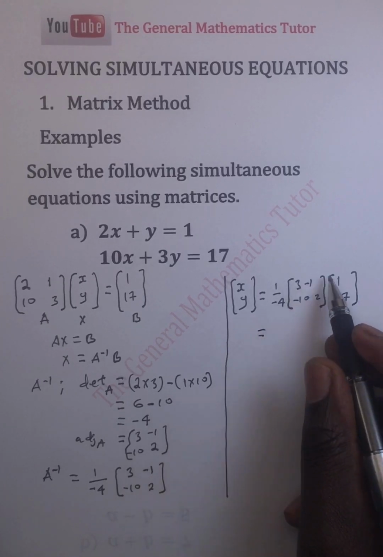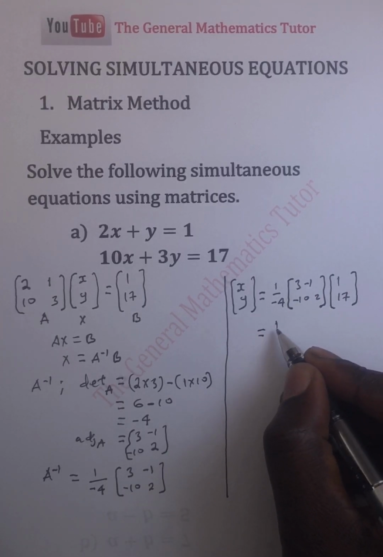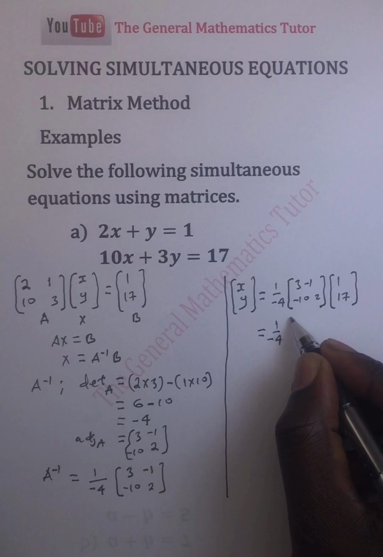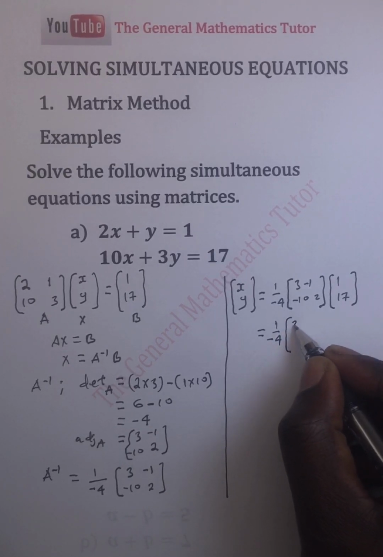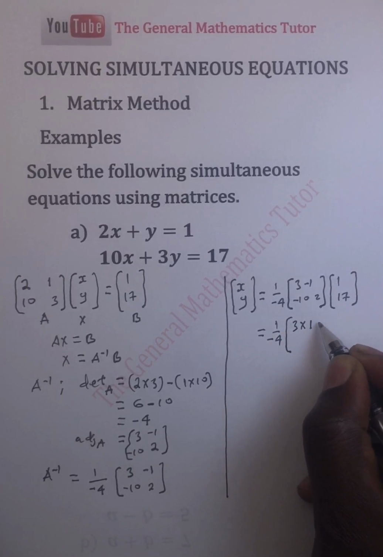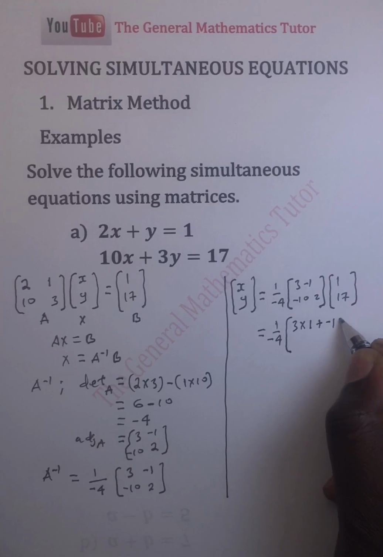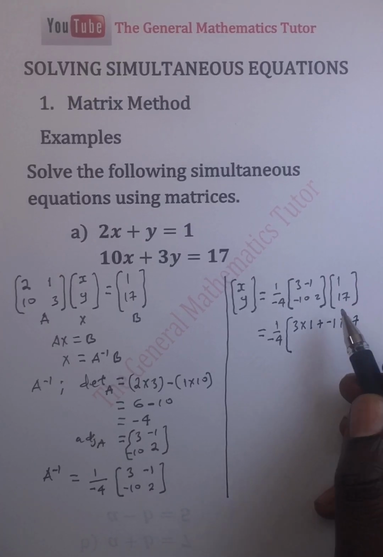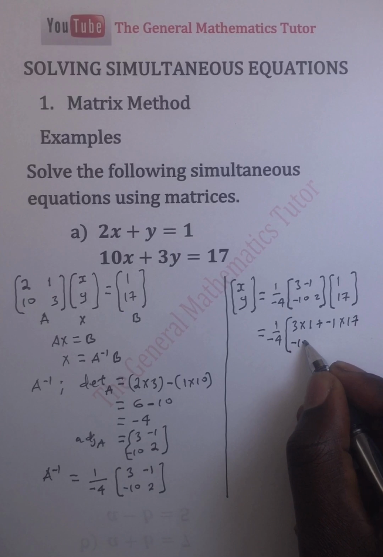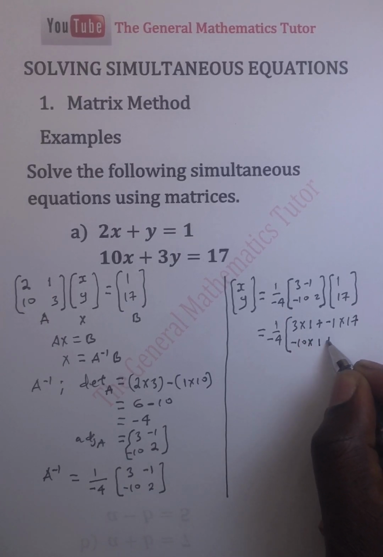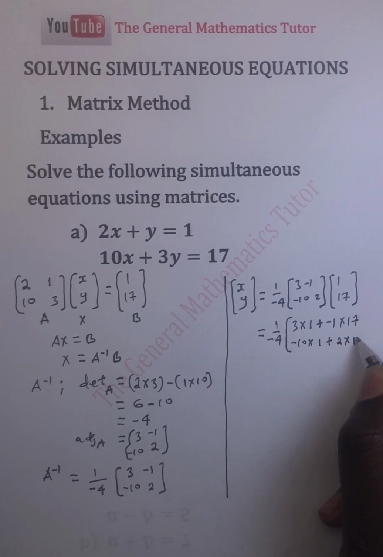So we can multiply these two matrices, that is 1 over negative 4 into 3 times 1 plus negative 1 times 17. Then we have negative 10 times 1 plus 2 times 17.